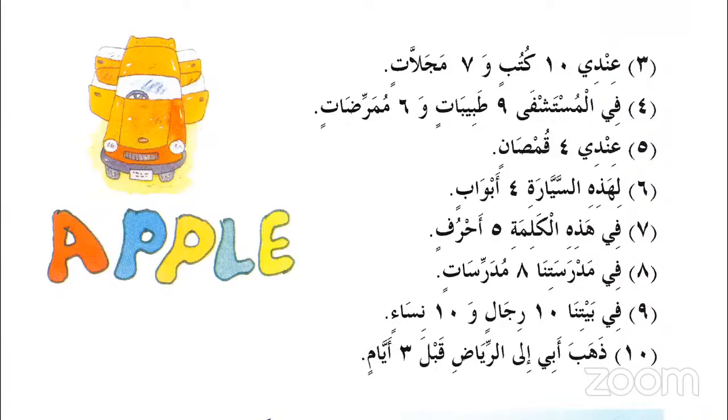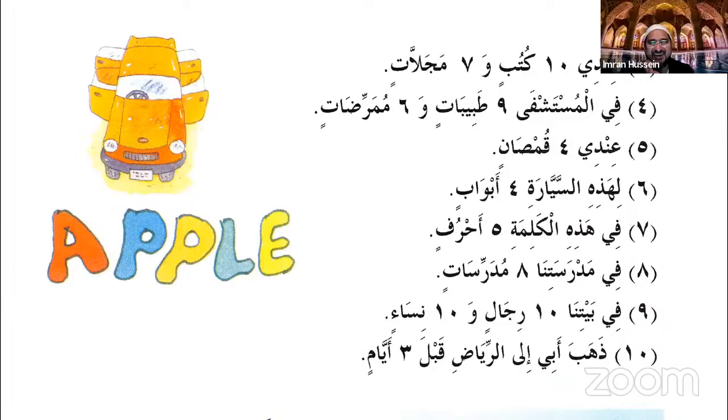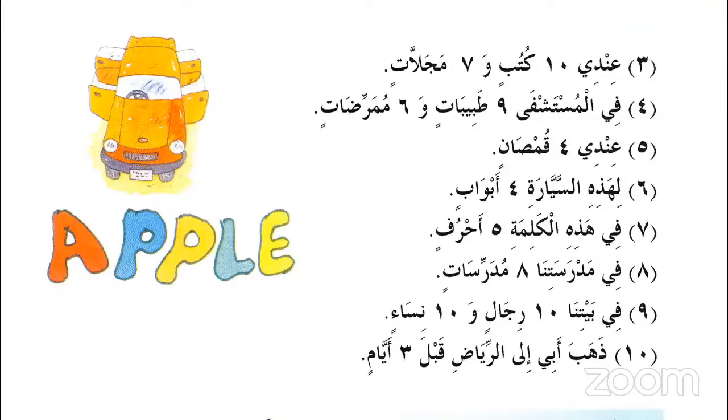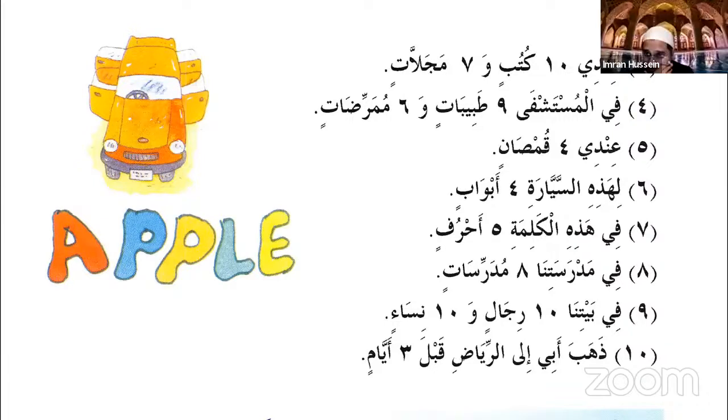It will be easy to get the change back. Okay. Let me think of what to do, because I am thinking of doing some conversational classes as well. So fi madrasatina thamani mudarrisat. Correct.